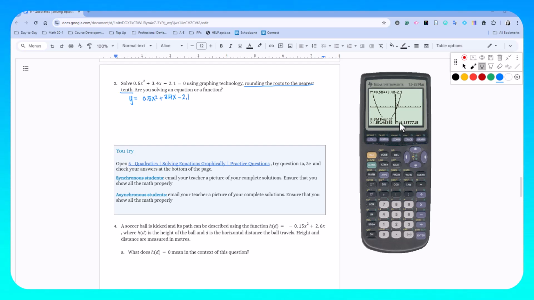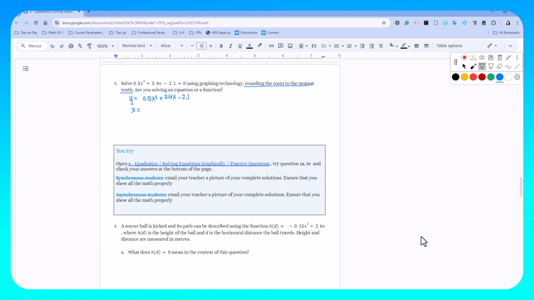That's what you want to see. You want to see a switch in the sign of the y value, either from negative to positive or positive to negative. So we hit enter, and notice we get the two arrows pointing at each other.